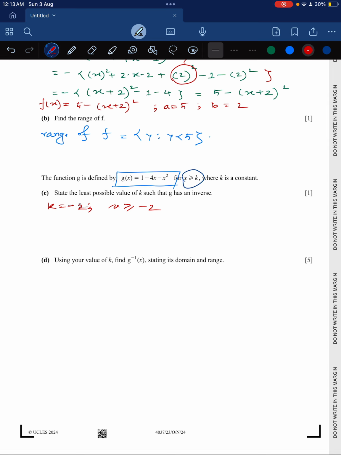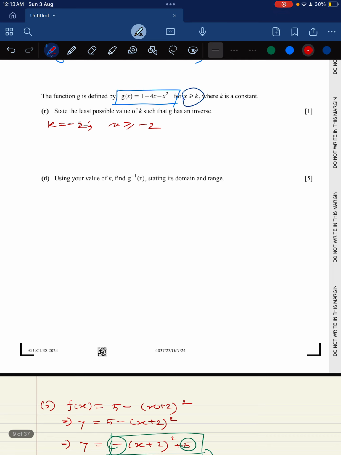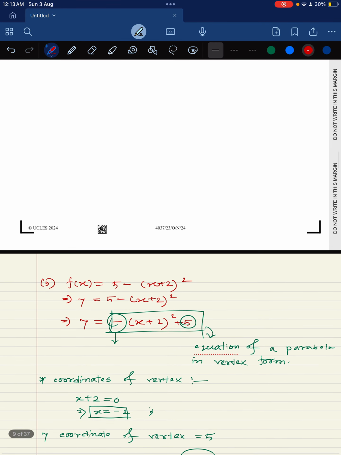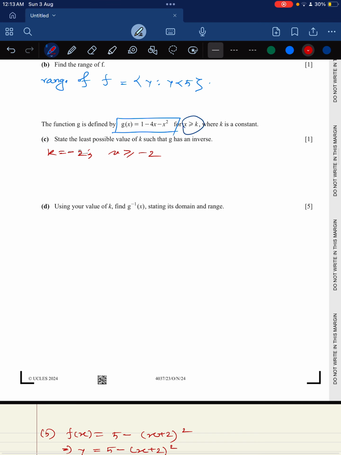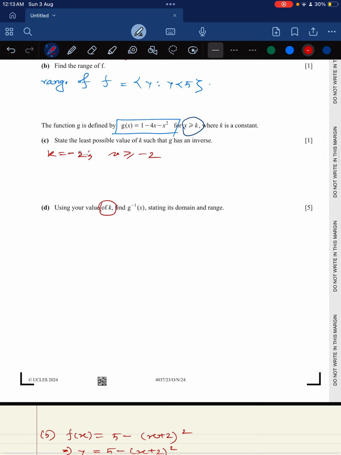Using your value of k, find g inverse of x, stating its domain and range. Now we have to look at the right portion of the parabola, as they have mentioned using the value of k.